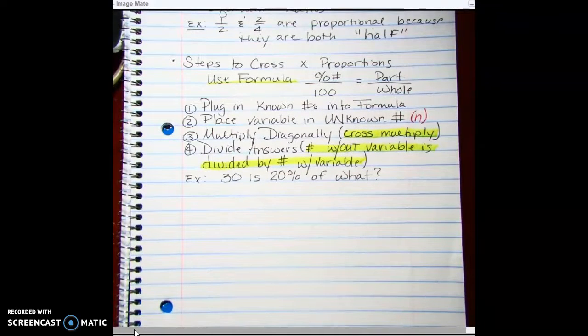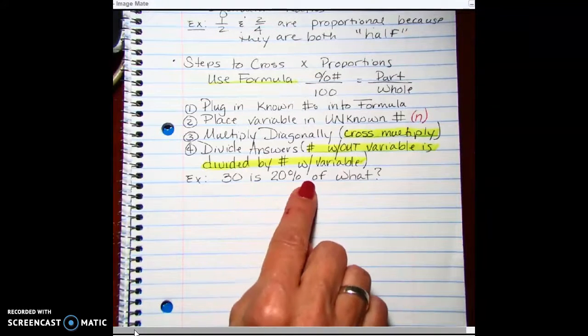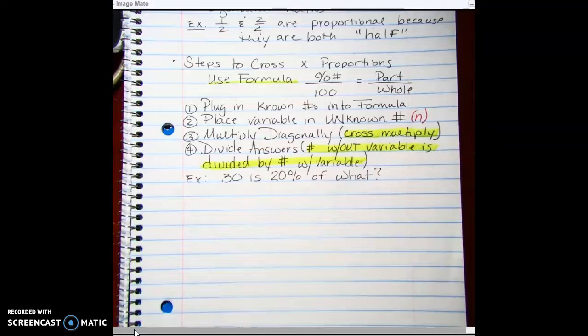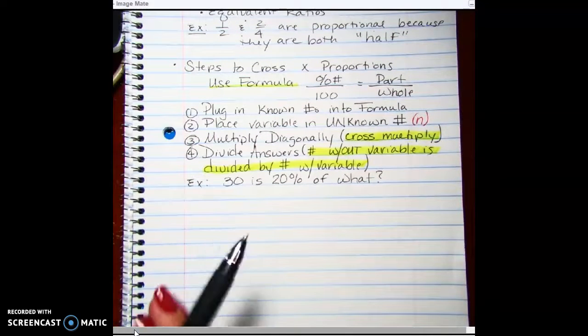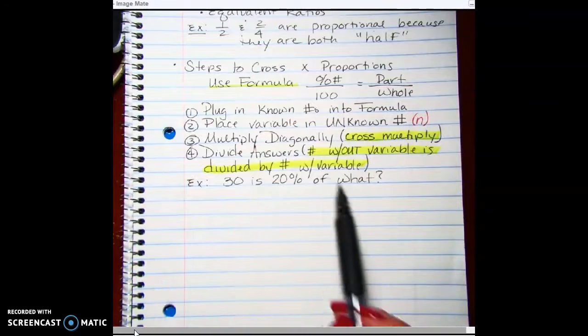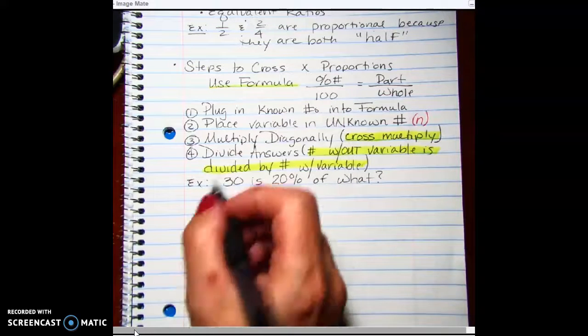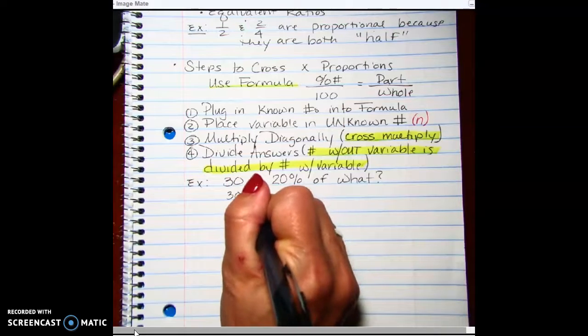So I've given us an example. Now, yesterday we translated these words into mathematical symbols. We are going to do the same thing today because this way it's easier for me to set up my problem and figure out where everything goes in my formula. So I'm going to rewrite it as 30 equals, because "is" means equals.